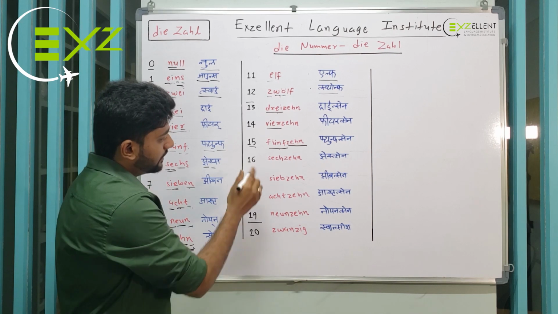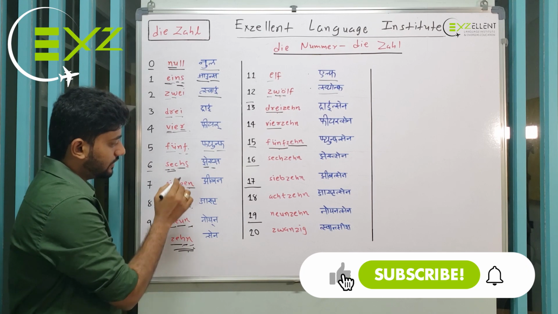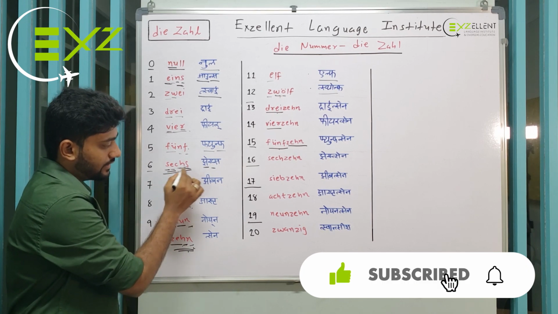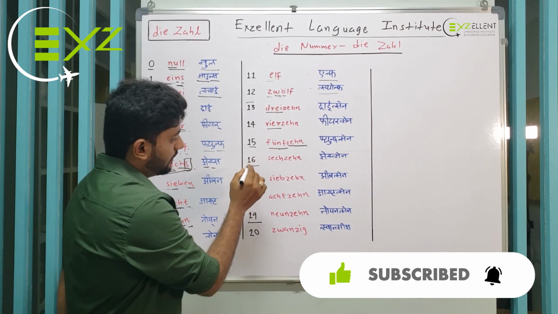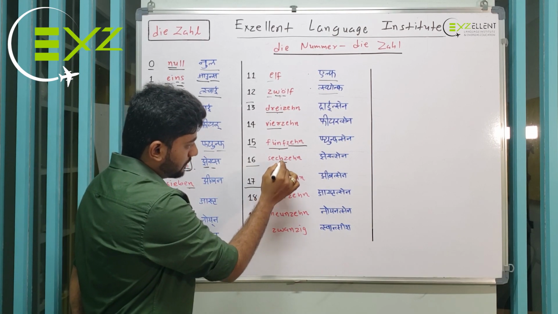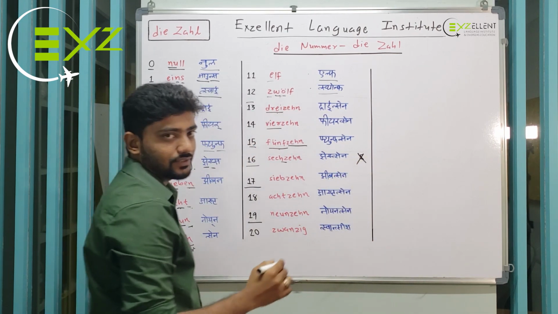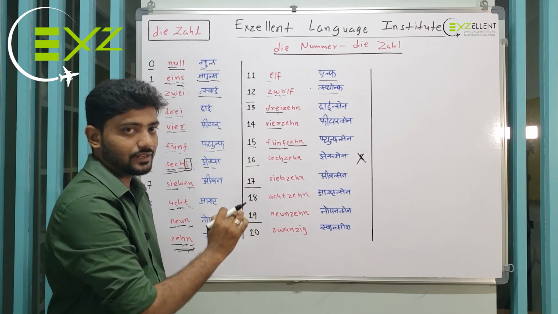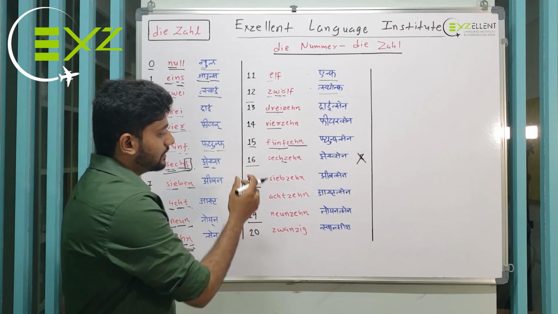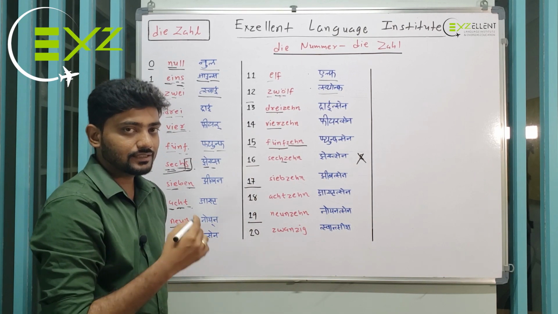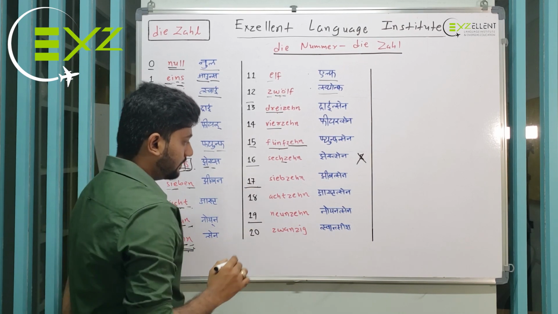See, we have to repeat 16 and 17, right? The spelling of 6 is sechs. There is S here, right? We have S in 6, but at the end here we are skipping S. So we will not write S in 16. In 6 there is S, but in 16 we are not going to write it. So 6 is sechs, 16 is sechsen. Okay, sechsen. The same is happening in 17, right?